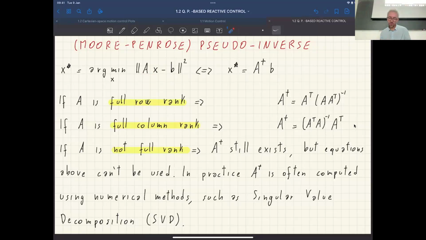A very common way of computing the pseudo-inverse is to rely on the so-called singular value decomposition, or SVD for short, which I don't know if you have ever heard. Have you heard about singular value decomposition? Raise your hand.